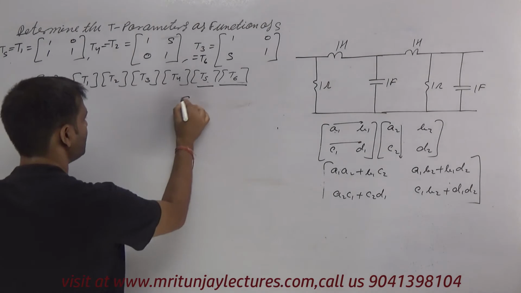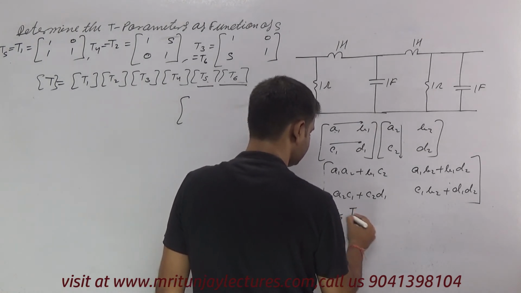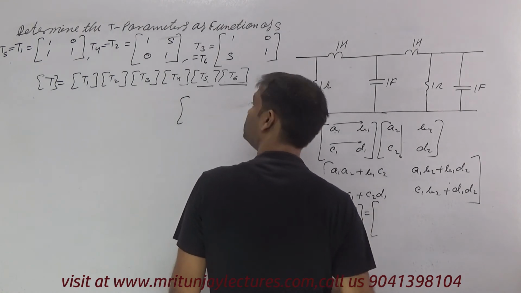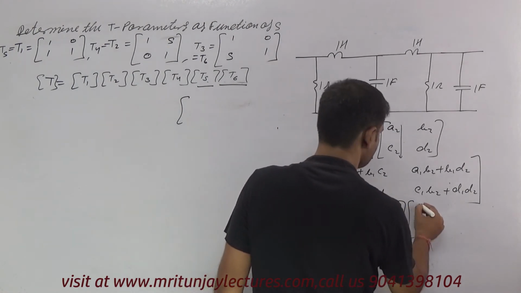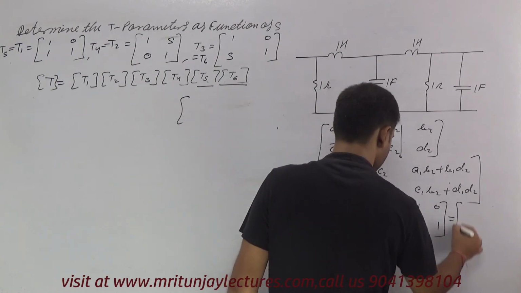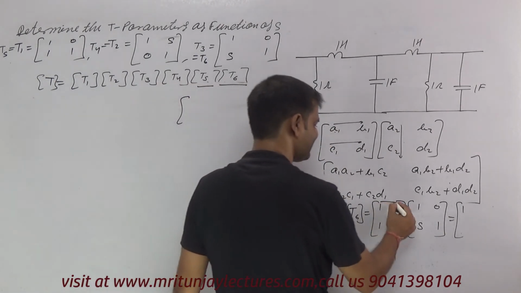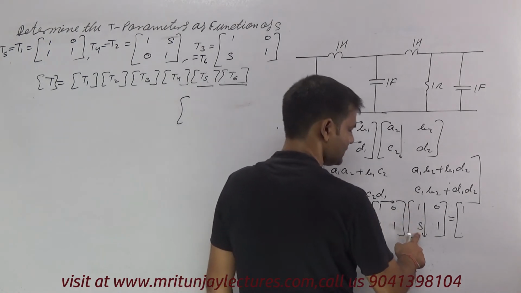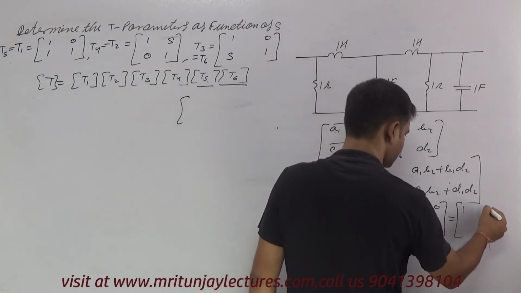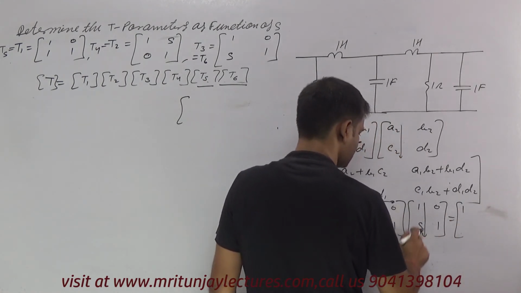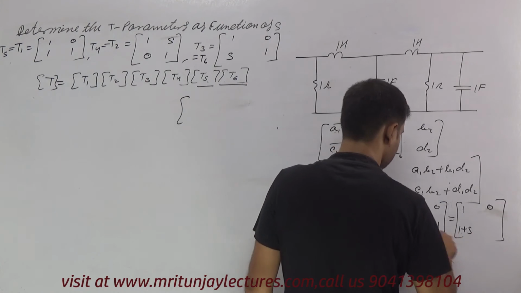T5 is 1, 0, 1, 1, and T6 is 1, 0, S, 1. If we multiply, 1 into 1 is 1, 1 into 0 and 0 into 1 is 0. Now 1 into S plus 1 is S plus 1, and 1 into 1 is 1.